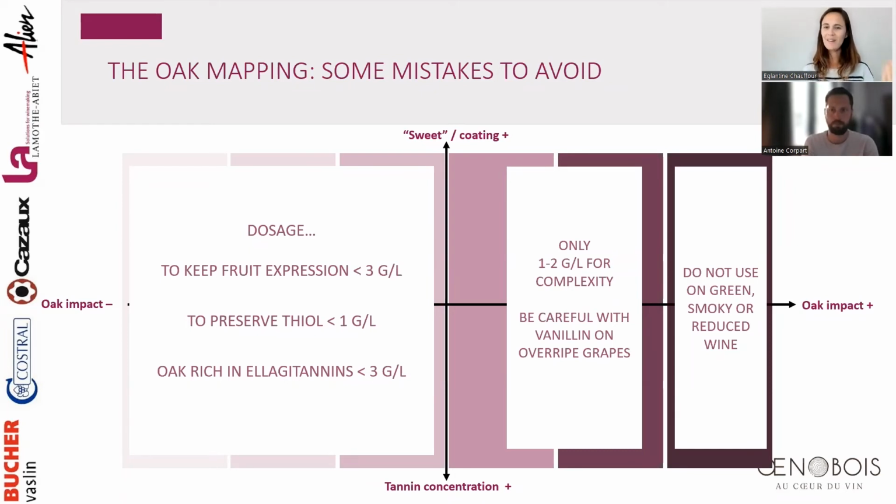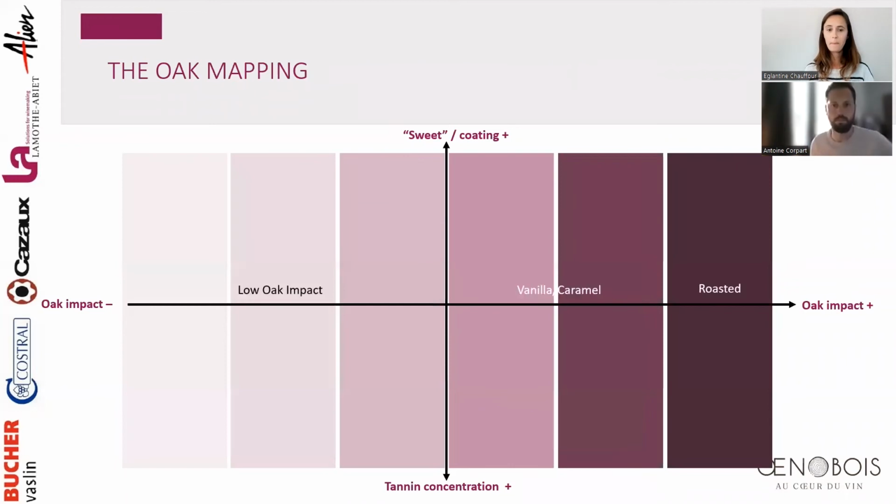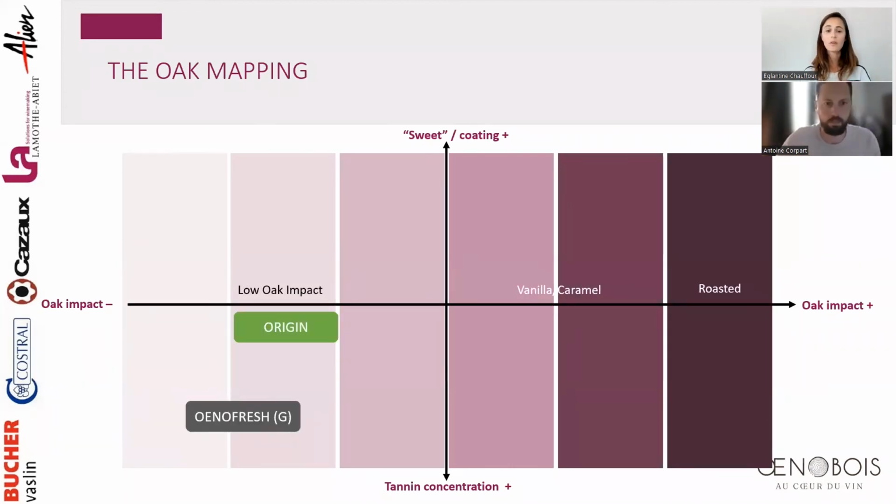So this said, now let's look at our range and how they position themselves on this map. Okay, so first we have the Fresh granular that Antoine presented before, that are untoasted oak granulars and very rich in ellagitannins.